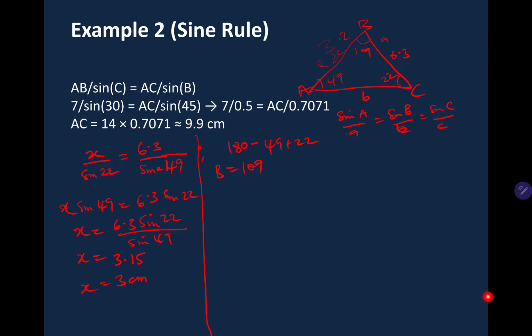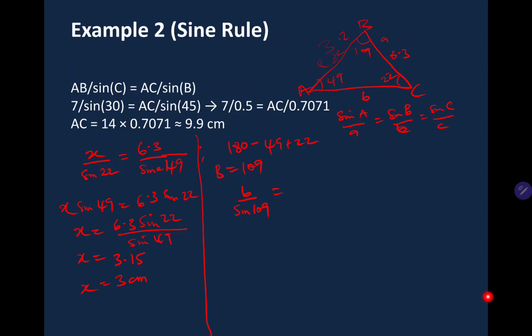With that, we can apply the sine rule. So we then say b over sine 109 is equal to, we can either pick A or C. So which do we pick now?